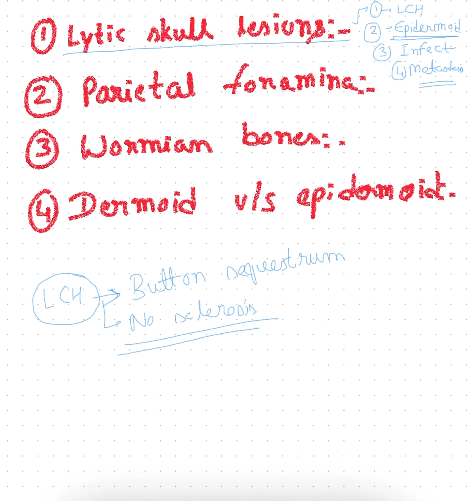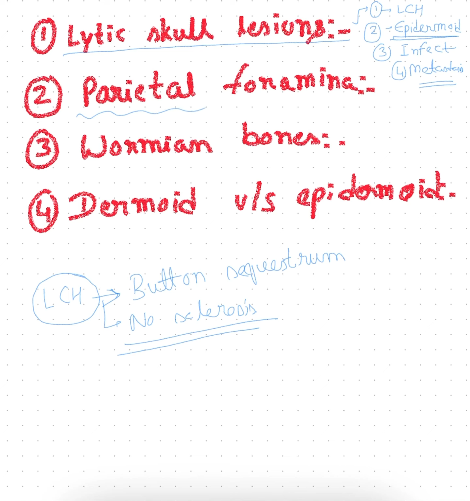That is the important point. By this we can differentiate a Langerhans histiocytic lesion from an epidermoid cyst. The other causes, infections or metastasis, can be differentiated on the basis of clinical history or further contrast studies.